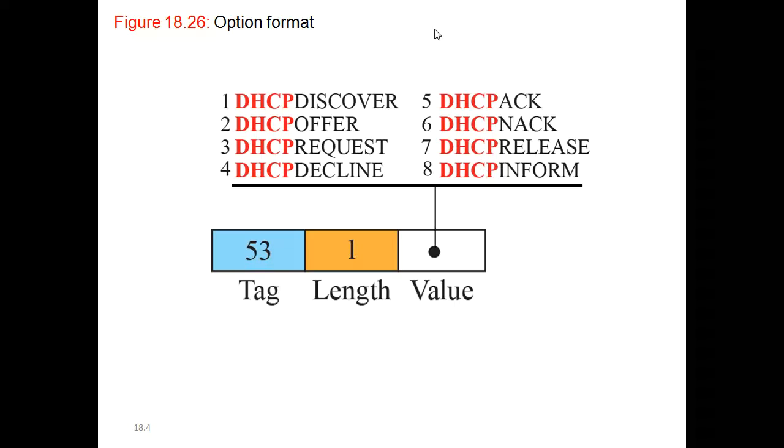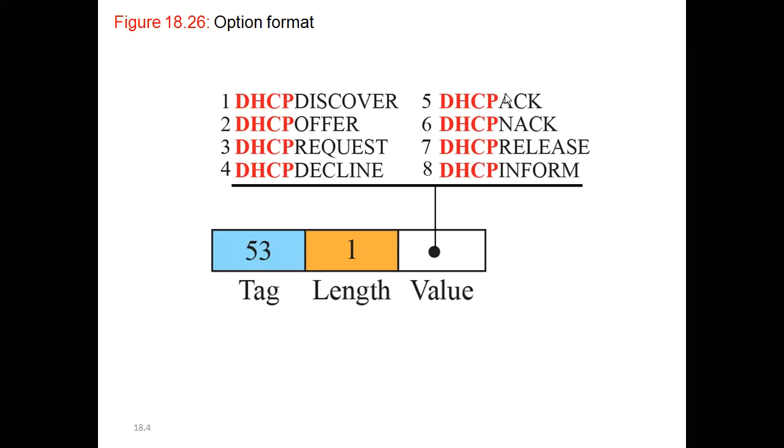DHCP decline is to decline or release the request. Whereas for DHCP acknowledgement, the client remains in the renewing state until one of two events happens. It can receive DHCP acknowledgement, which renews the lease agreement. Whereas for DHCP NACK, the client remains in the rebinding state until one of three events happens.